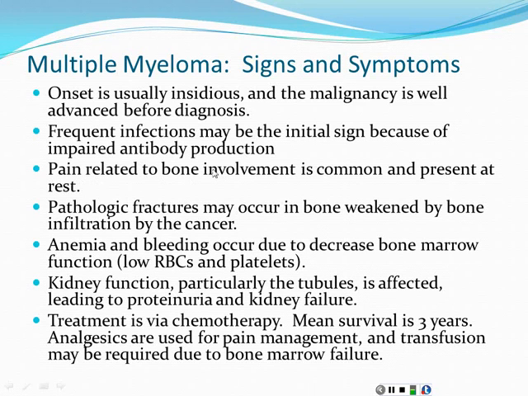Pain from the bone involvement, pathologic fractures from the bone involvement again, anemia and bleeding because of bone marrow suppression, low red blood cells, low platelets. Kidney function. Antibodies produced in huge amounts clog up the kidney. So you get proteinuria as the glomerular membrane breaks down, and eventually multiple myeloma will lead to kidney failure.